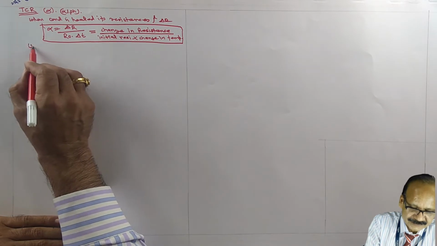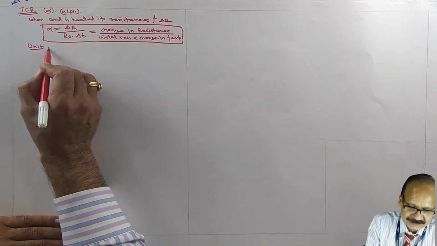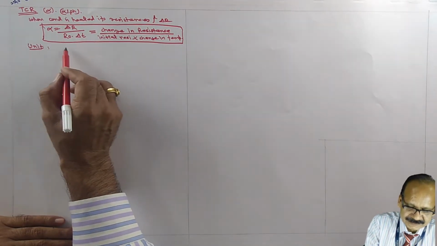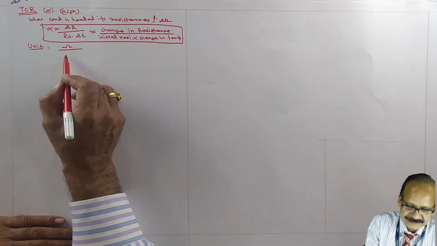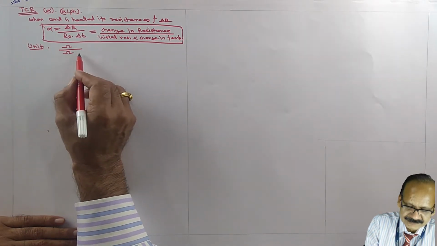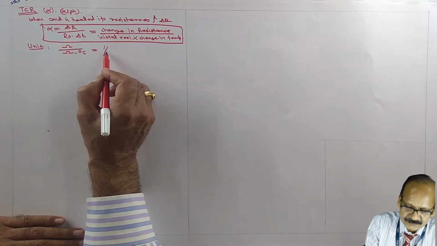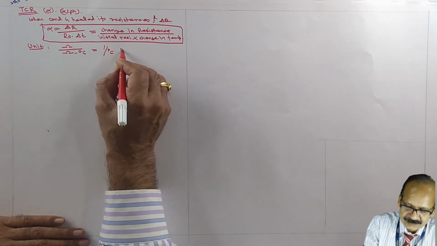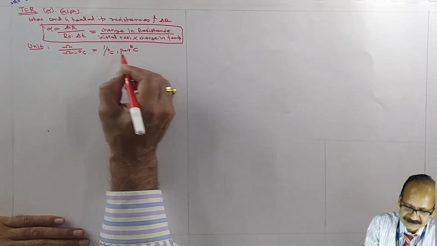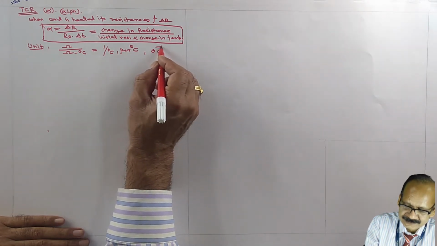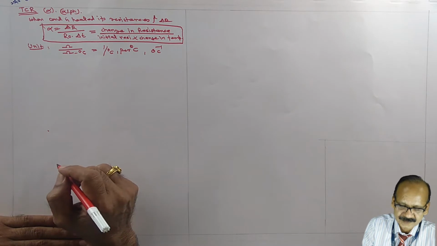Let us have its unit. Change in resistance is ohm, initial resistance is ohm, and change in temperature is degree Celsius. So the unit is 1 upon degree Celsius, or per degree Celsius, or degree Celsius raised to power minus 1.